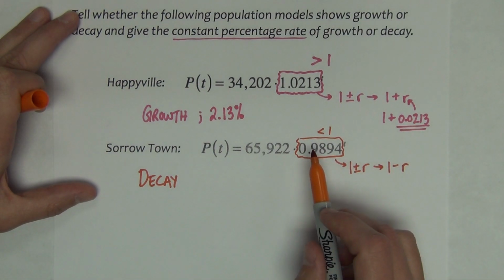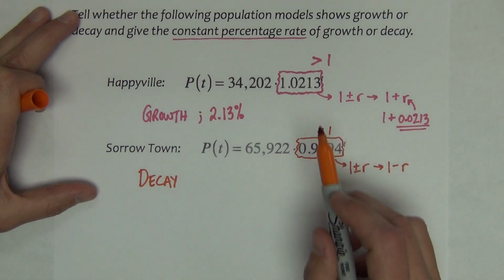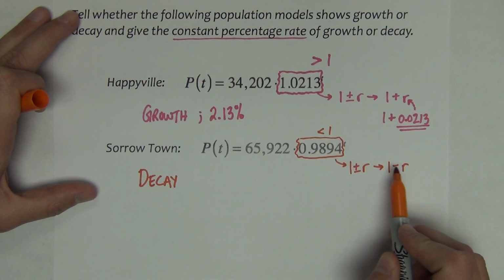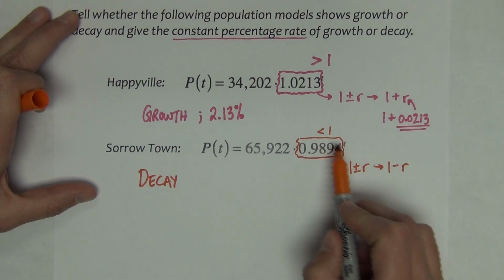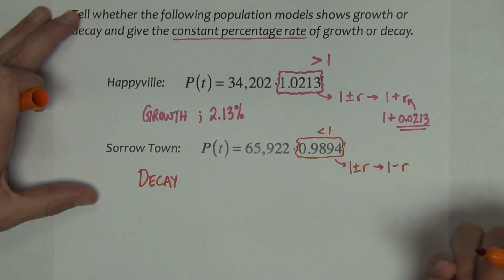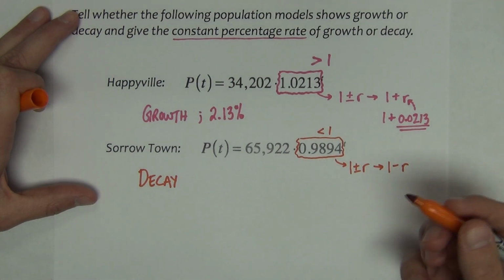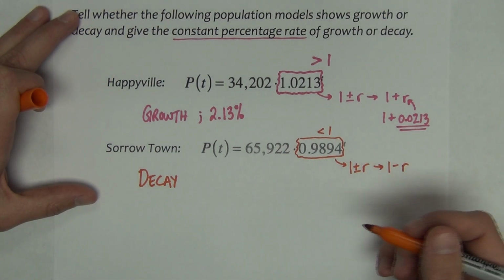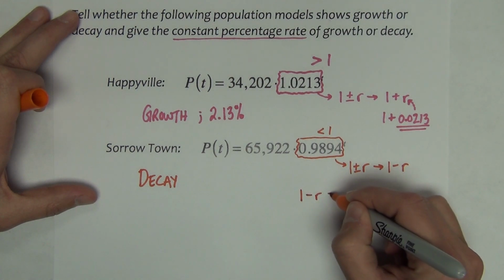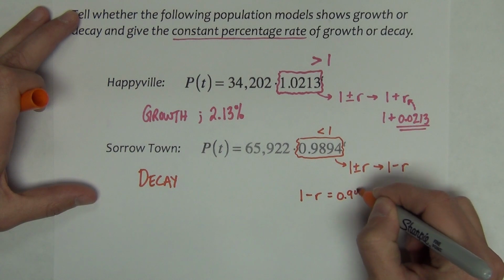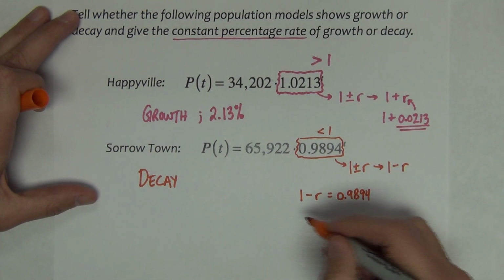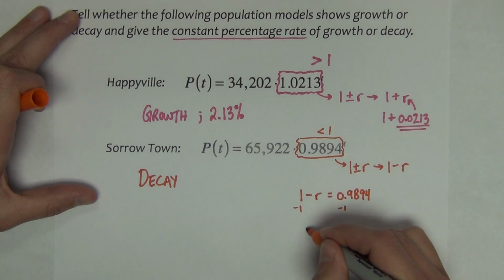So again, same question as we posed previously in the exponential growth problem: 1 minus what number gives us this 0.9894? If you're unsure about the mental math, which may be harder in this instance, let's just write it as an equation. If we did 1 minus r and set it equal to 0.9894 and solved that equation for r, we'd subtract 1 from both sides.